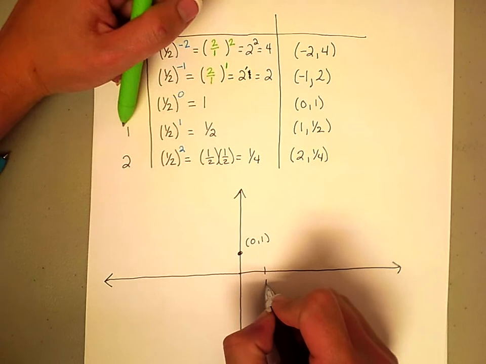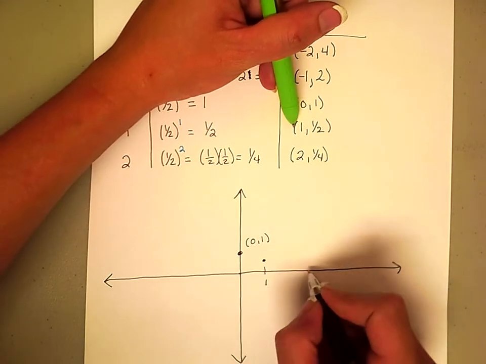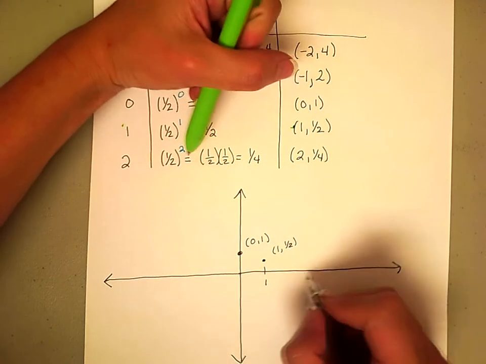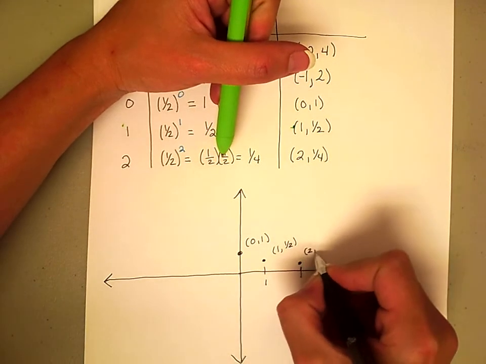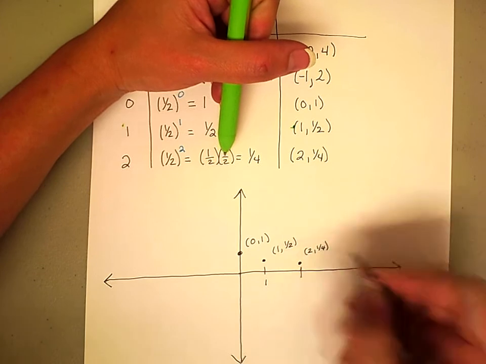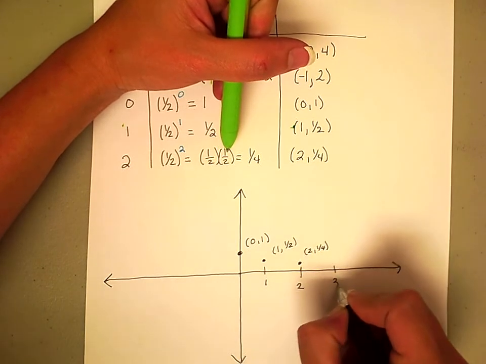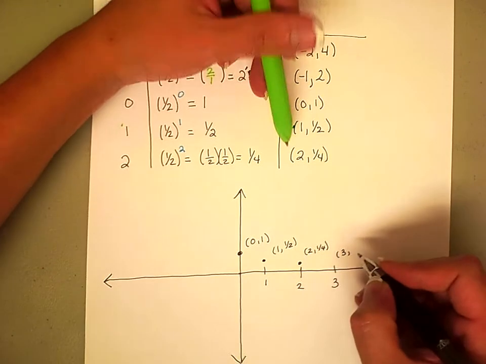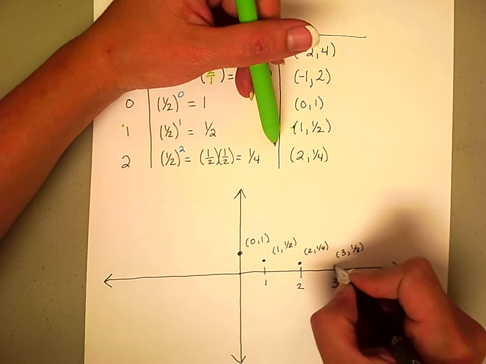When x is 1, we have the ordered pair 1, 1 half. When x is 2, we went half as much again as that, 2, 1/4. If x was 3, the y value would again be half of 1/4, which is 1/8.